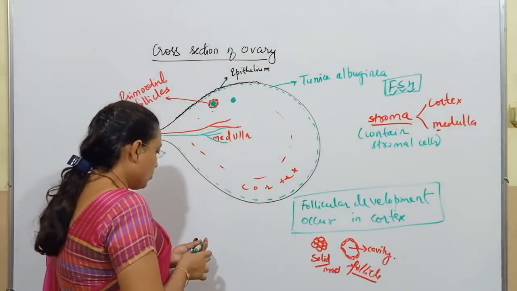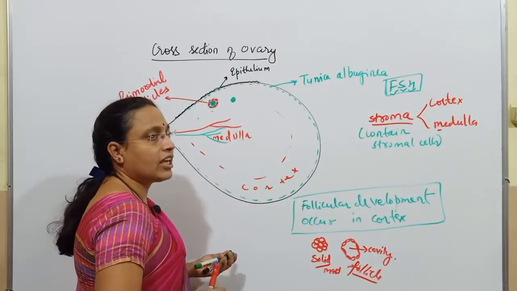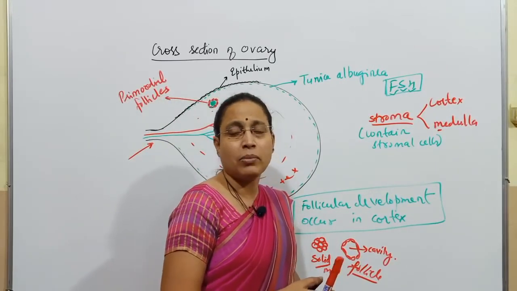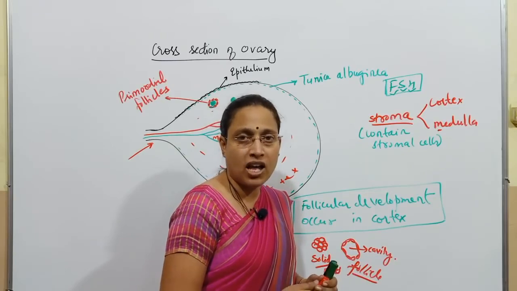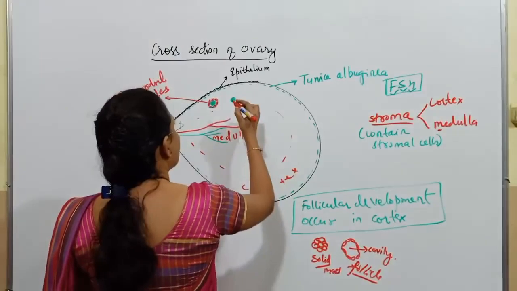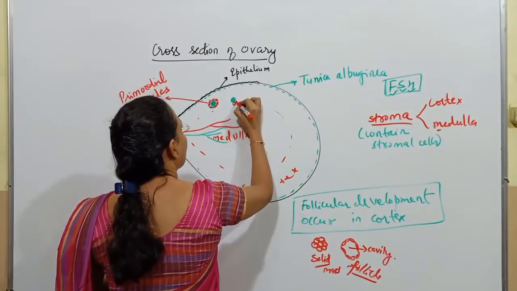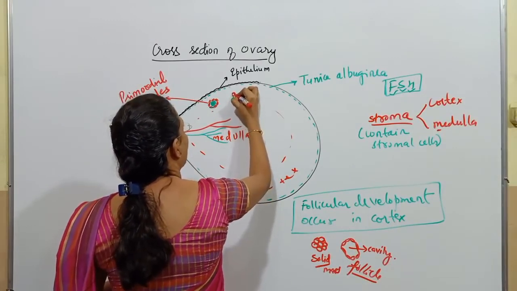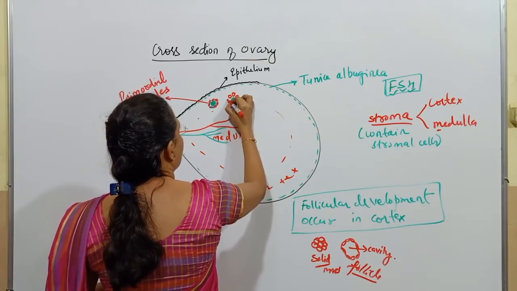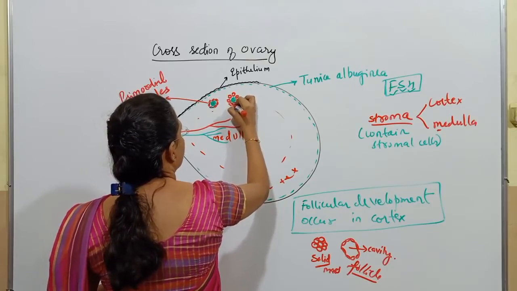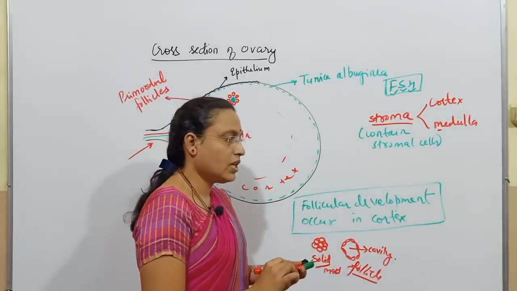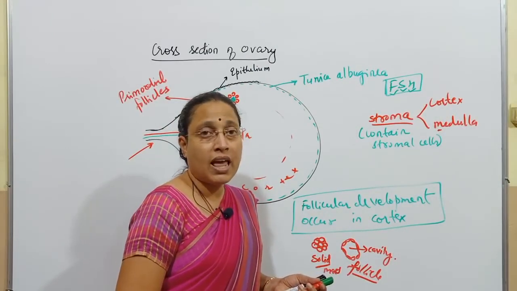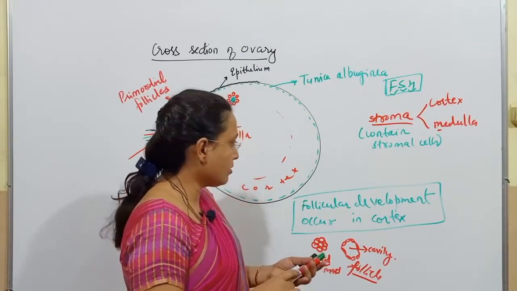Now this primary oocyte is surrounded by follicular cells, but this time the follicular cells won't be flat, they will be somewhat cuboidal. They become larger in size. So instead of flat cells, they become cuboidal. Now at this point, this kind of follicle is called a primary follicle.